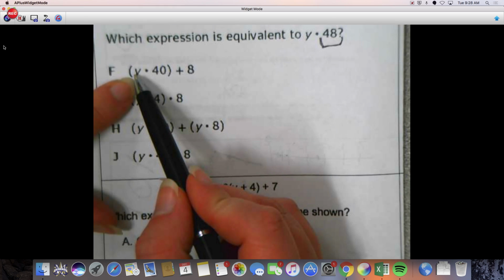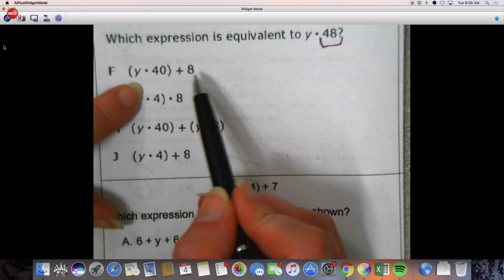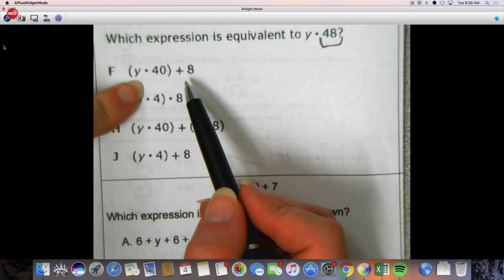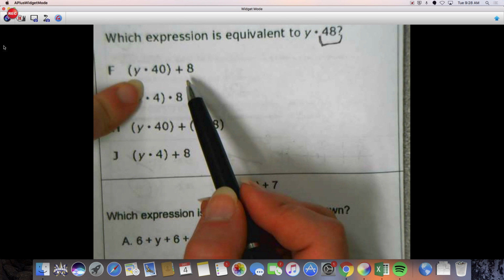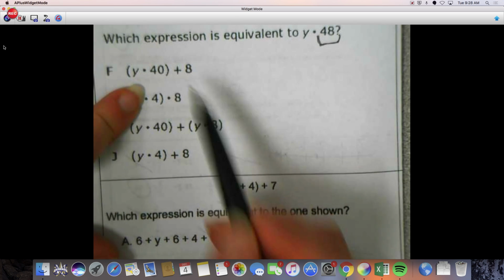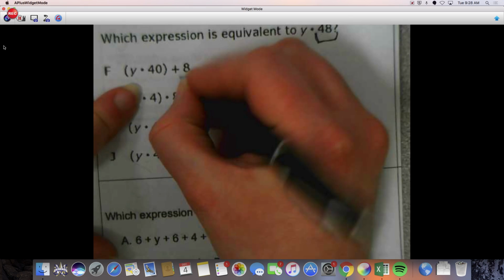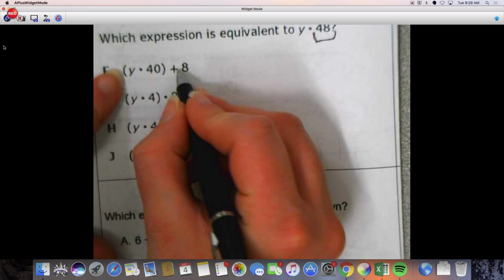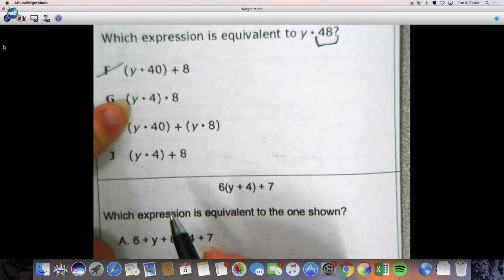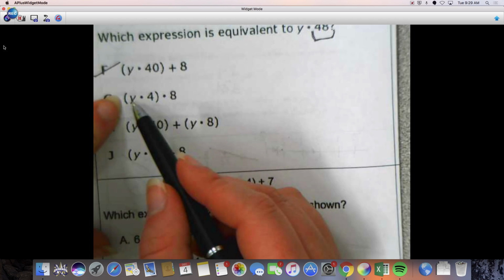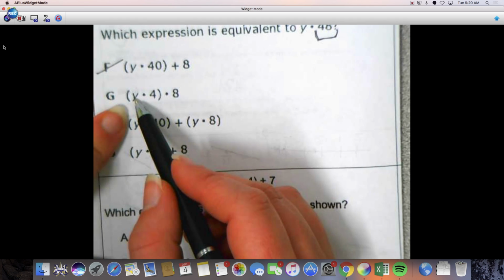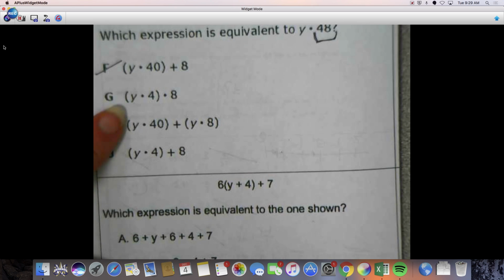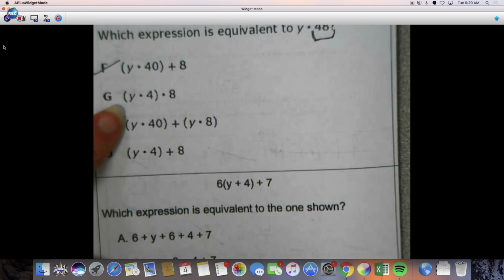So if we look at F, it says y times 40 plus 8. Why can that not be it? What is it missing? Of 8. It's not multiplying y times 8, so F cannot be it. If I look at G, y times 4 times 8. No. It's close, but what do we need to have?